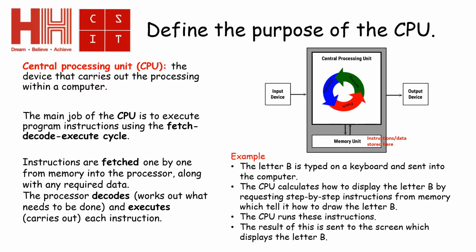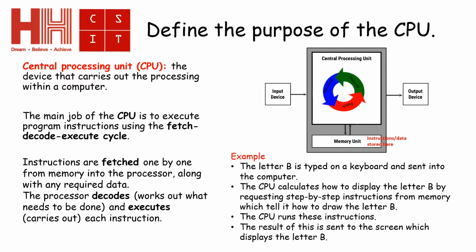Now, the CPU, or Central Processing Unit, is the device that carries out all the processing within a computer. The main job of the CPU is to execute program instructions using the fetch, decode, execute cycle.